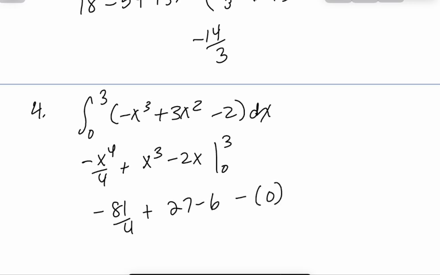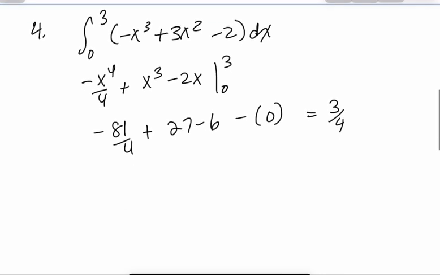And 0 does indeed make everything 0, but always verify that because that's not always the case. So negative 81/4 plus 27 minus 6 is a final answer of 3/4. Okay, so that is number 4.